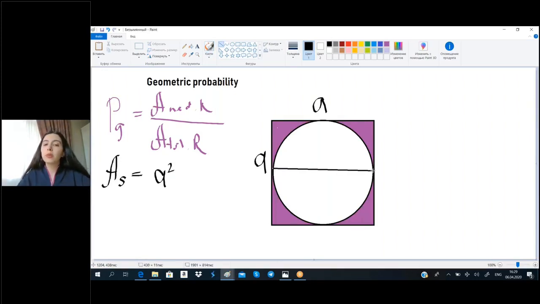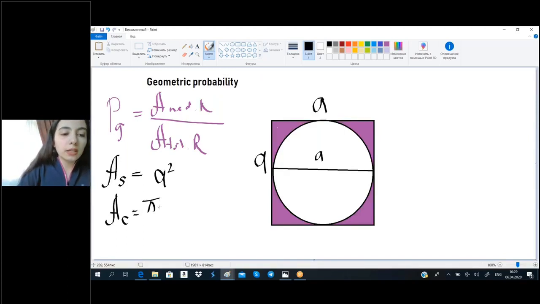From geometry, we know that if any circle is inside of the square, the diameter of the circle will be equal to the side of the square. It will also be equal to a. Area for the circle is pi d squared over 4. It will be pi, d is a, and d squared is a squared, over 4.